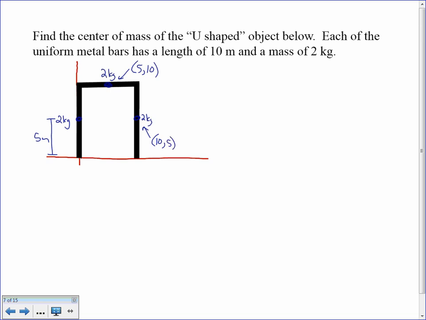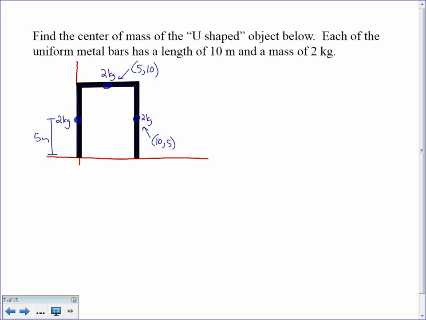So if I wanted to find the center of mass of this object, first by recognizing that I could treat this bar on the left as just a single point mass located at its center, I can treat this bar on top as a single point mass located at its center, I can treat this bar on the right as a single point mass located at its center.